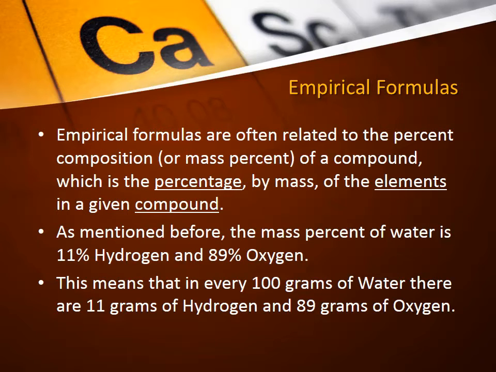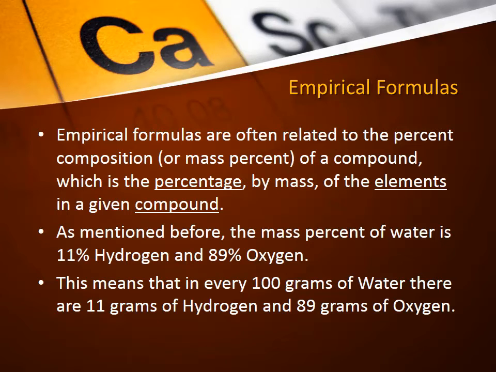So empirical formulas are often related to the percent composition, or sometimes the mass percent, of a compound, which is the percentage by mass of the elements in a given compound. As mentioned before, the mass percent of water is 11% hydrogen and 89% oxygen.